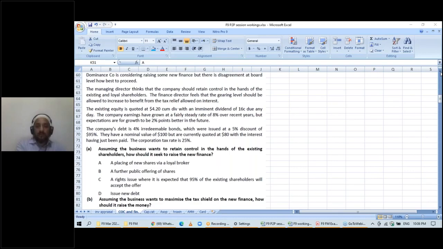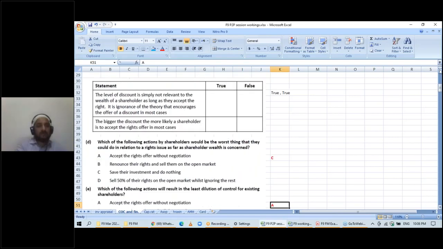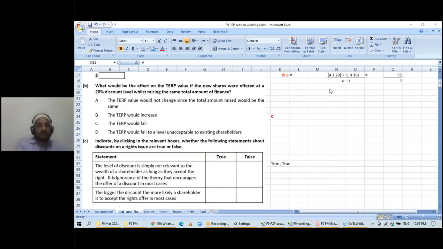Okay, there is a question from Advait. Advait says, why not D in question 1's part B?